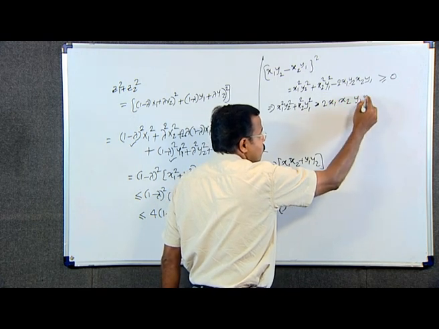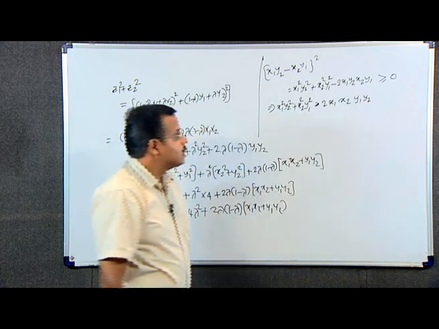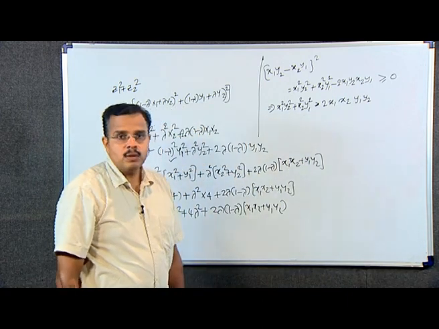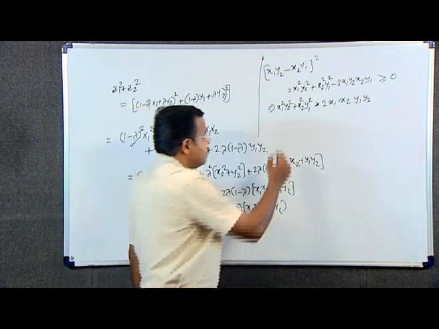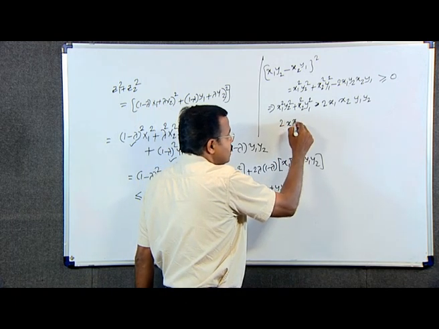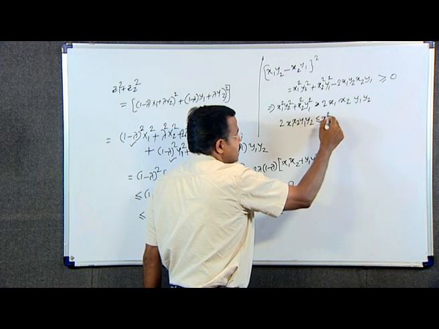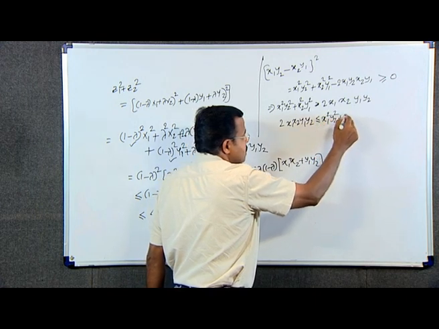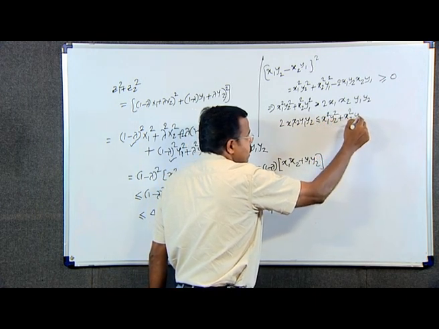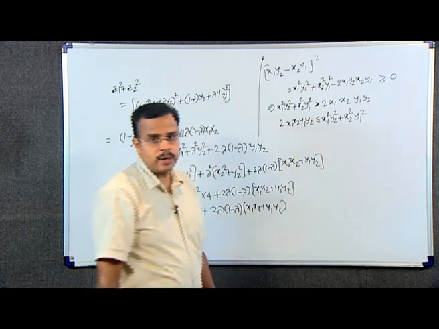That means 2 x1 x2 y1 y2 is less than or equal to x1 square y2 square plus x2 square into y1 square.